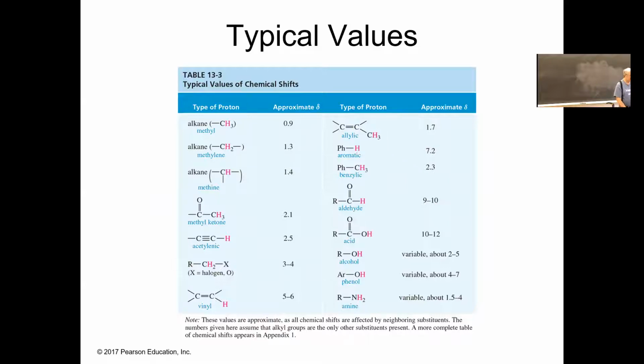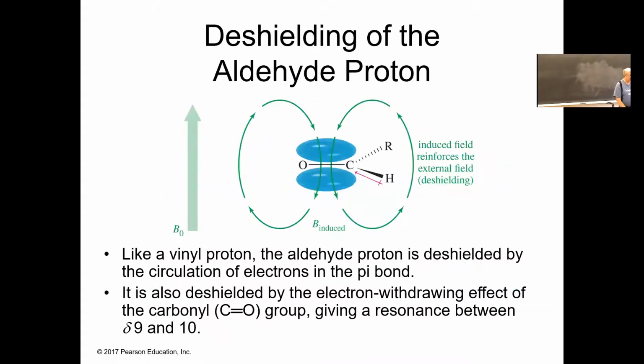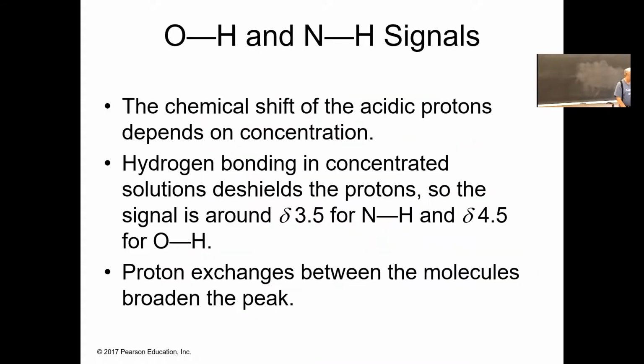Okay, this is a table of typical values of chemical shifts. Okay, an explanation of why certain functional groups have chemical shifts like they do. Okay, OH and NH signals are highly variable.